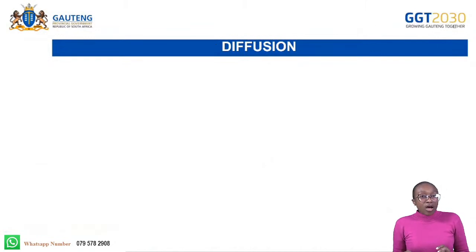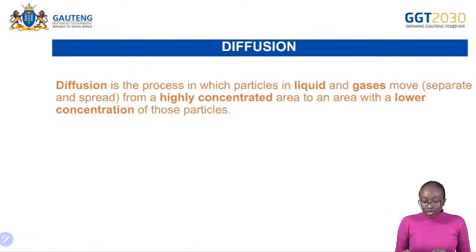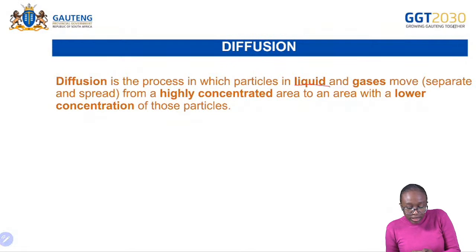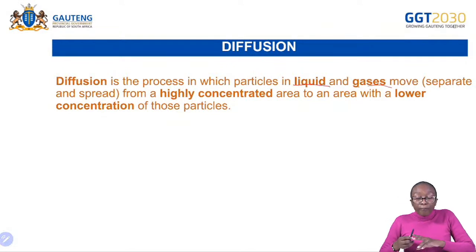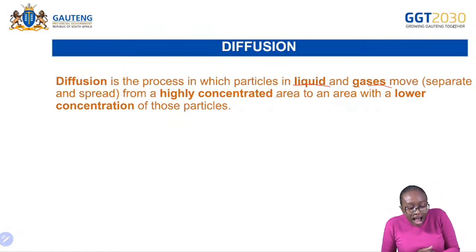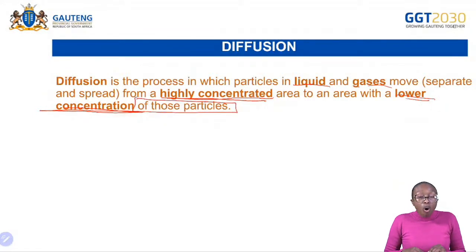Okay, now let's move on to diffusion. What is diffusion? Diffusion is the process in which particles in liquids and gases move. They separate and spread from a highly concentrated area to an area with a lower concentration of those particular particles.